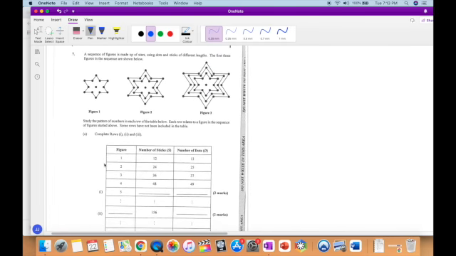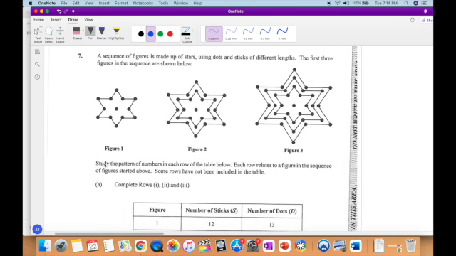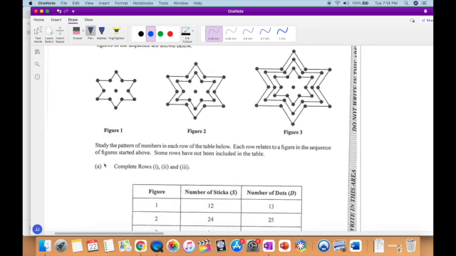All right, now this here is the topic that I didn't do with you guys. We actually only looked at it briefly, and I did post a 20-minute video teaching it. It's actually quite an easy topic, right? The sequence of figures is made up of stars using dots and sticks of different lengths, and the first 3 figures in the sequence are shown below.